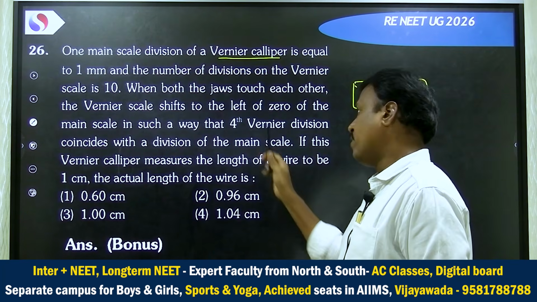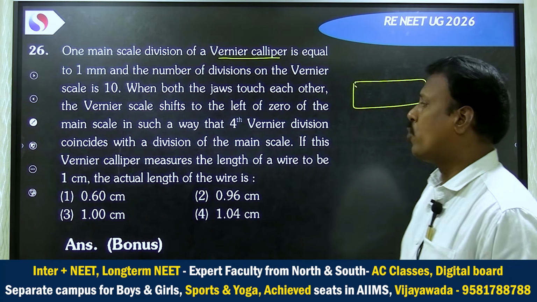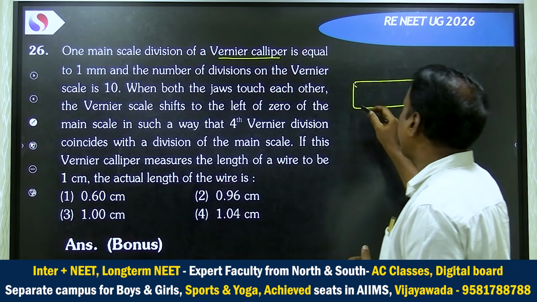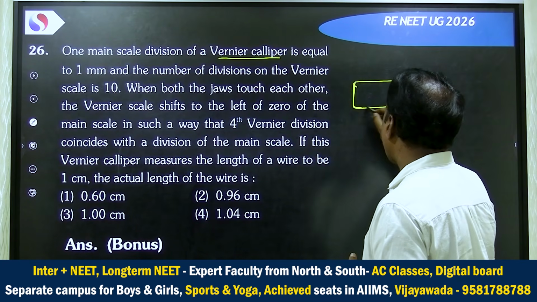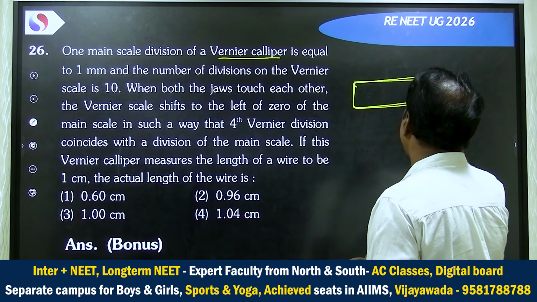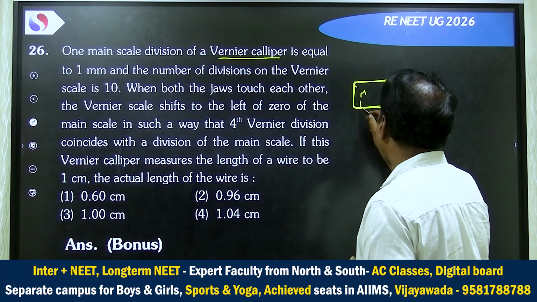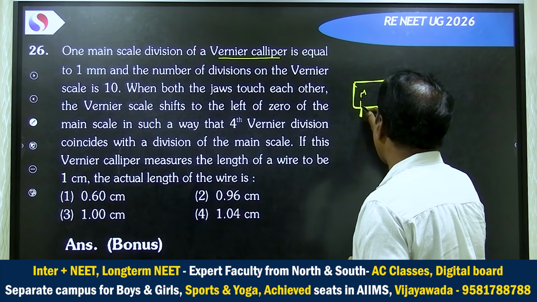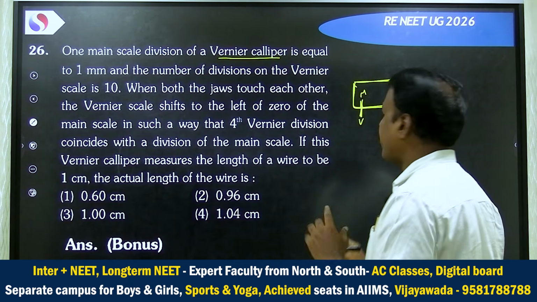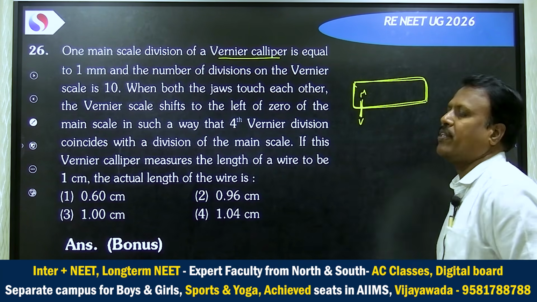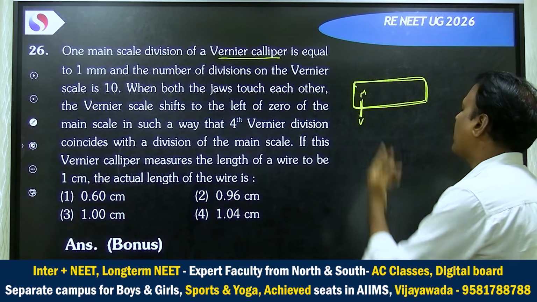So when there is nothing between the jaws of a vernier calipers, if the jaws were closed, then the main scale 0 should coincide with the 0 of the vernier. If that did not happen and the vernier 0 lies on the left side of the main scale, that is called negative zero error.